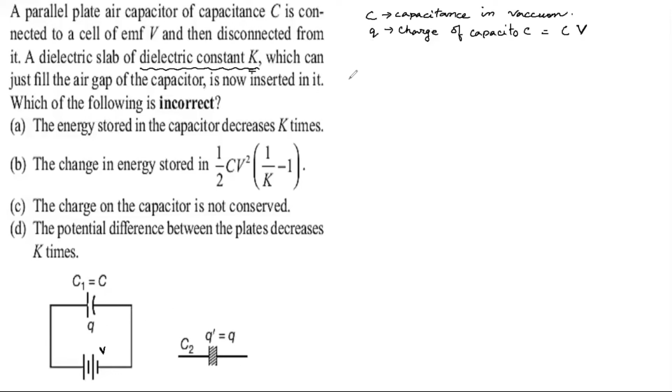So we're going to find all the parameters. Like we're going to find the electric field between the plates, the potential between the plates, the charge and the capacitance. Every quantity we're going to find here. Okay. Now let's just say that E is the electric field.